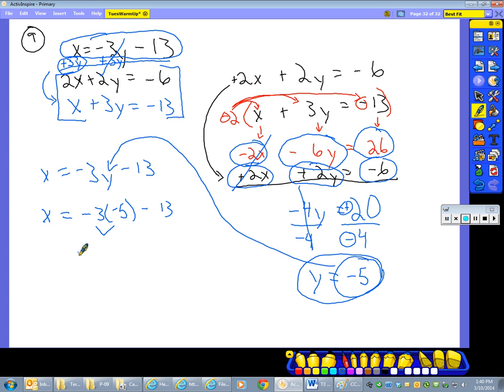What's a negative 3 times a negative 5, guys? Good job. It's a positive 15. What is 15 minus 13? It is 2. That's it. So now I've got my full answer in coordinate pair format. We have x equals 2, y equals negative 5.